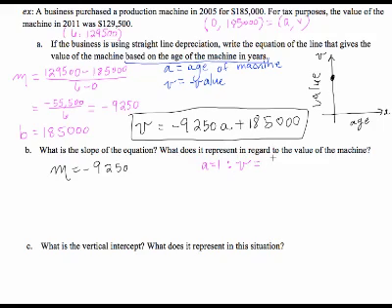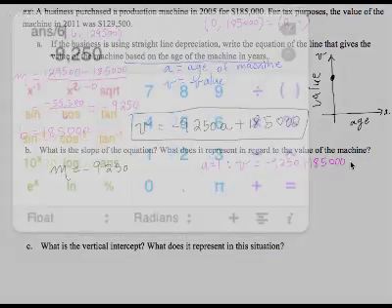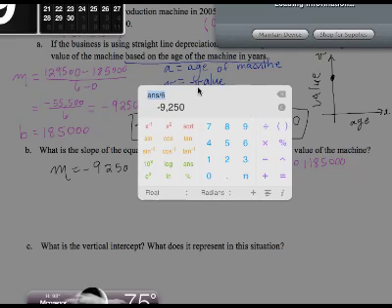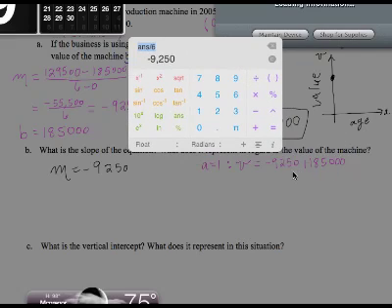Then V would be negative 9250 times 1 plus 185,000. I'm going to calculate that value right here: 185,000 minus 9250 is 175,750.